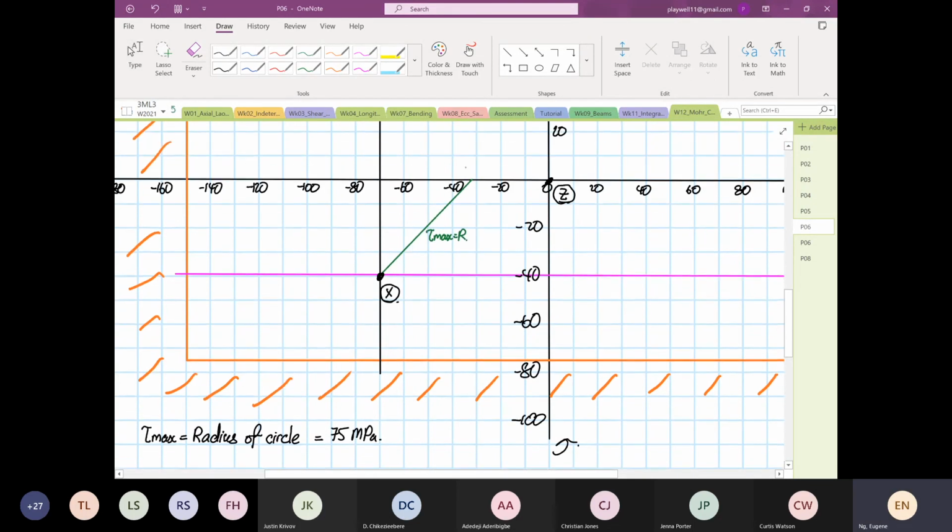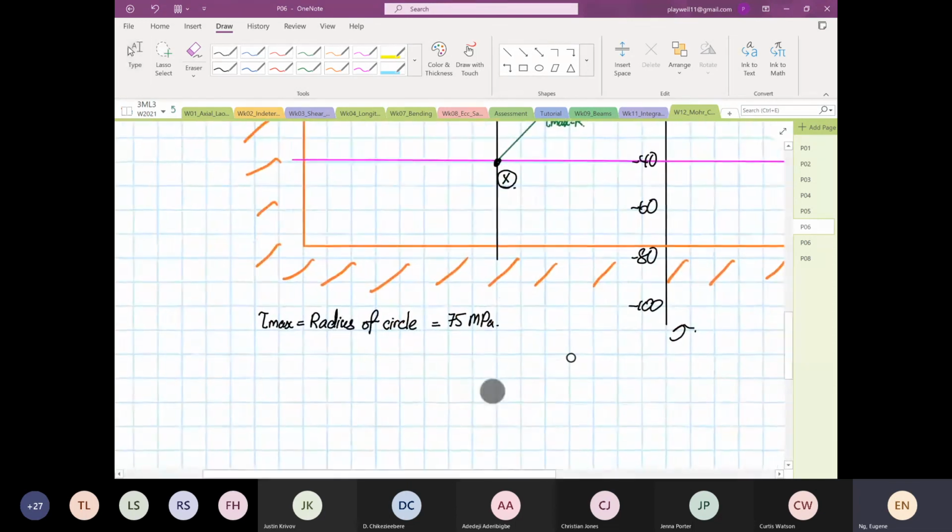If we know that, we can find our omega, because we know over here is 40 and we know our tau max. Our omega is also equal to our stress average. Simple stuff. Now we calculate our stress average.